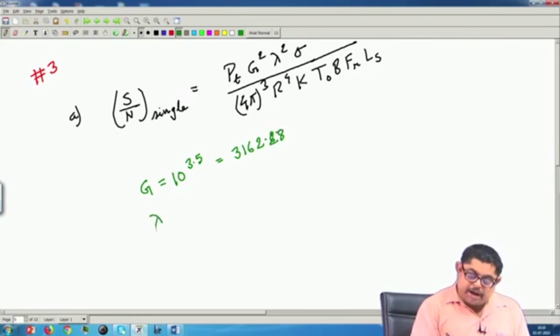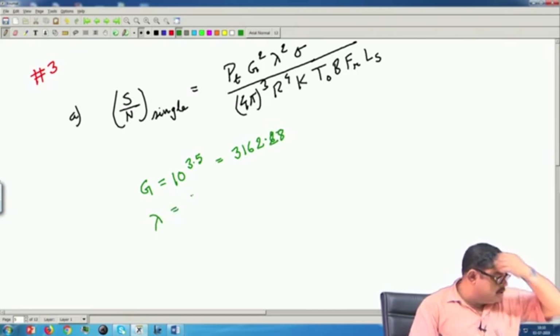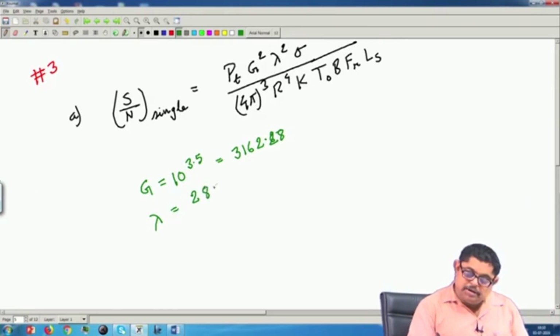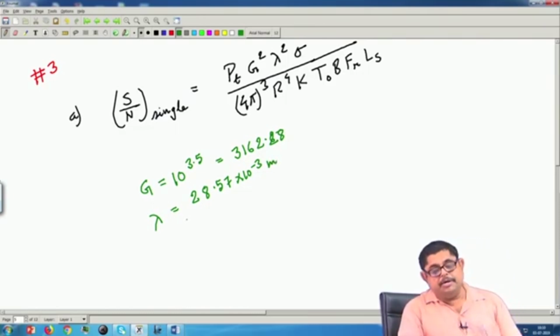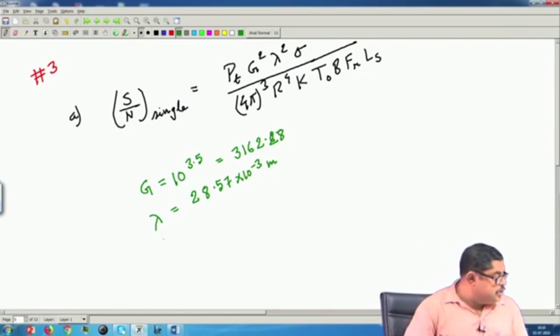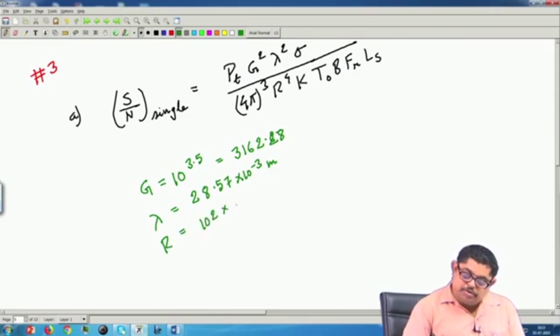Then lambda is 28.57 into 10 to the power minus 3 meter, that you can calculate from the given frequency of 10.5 gigahertz. So, it will be nearly 3 centimeter, a bit less than 3 centimeter. Then R is given, R is 102 into 10 to the power 3 meter.